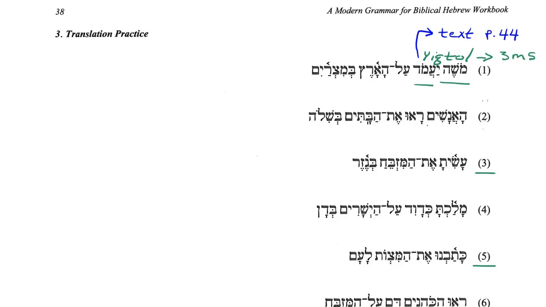And so we'll go ahead and start filling this out. We get Moses will stand. That's the base, the gloss translation of Ya'amod. Then we have a preposition here, al, which means on, upon, concerning, to. It means quite a few things. And then ha'aretz.